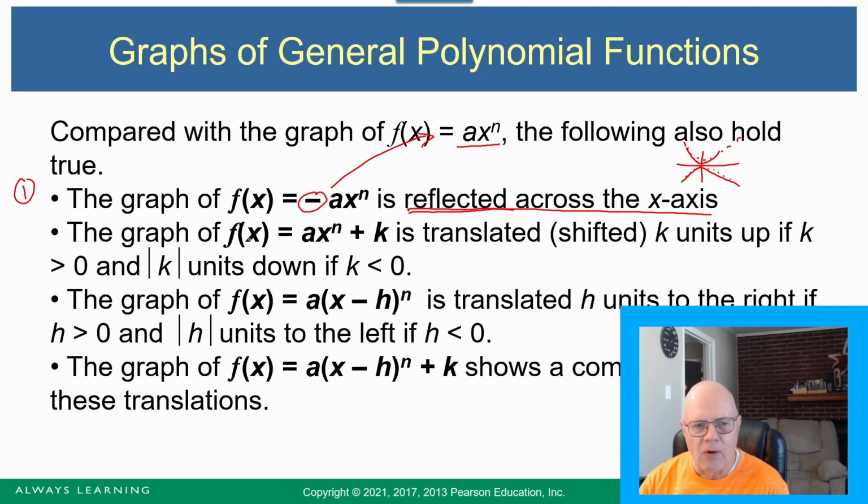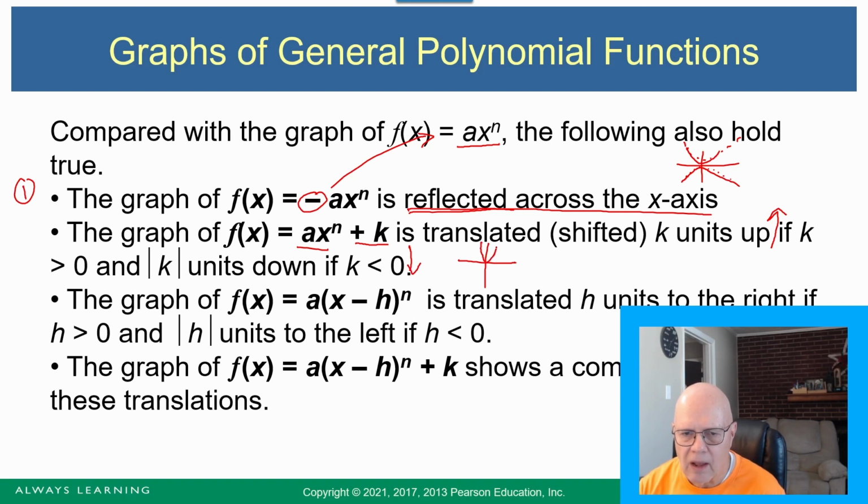Next, the graph of f of x, and here we've got this basic one, and what we're doing is adding a number out here. And if the number is positive, it moves it upward. If it's negative, then it's going to move it downward. So what's that mean?